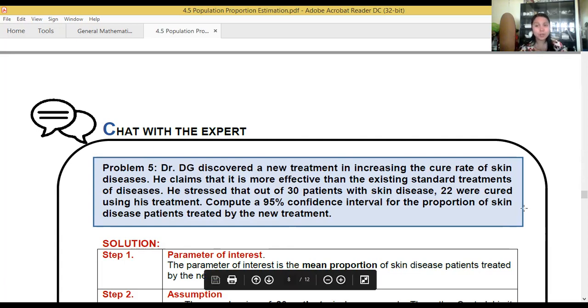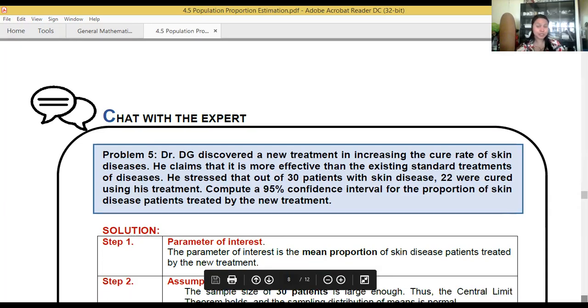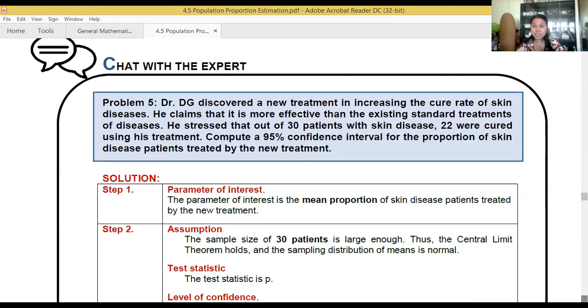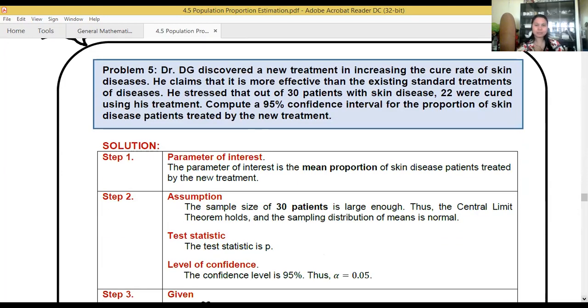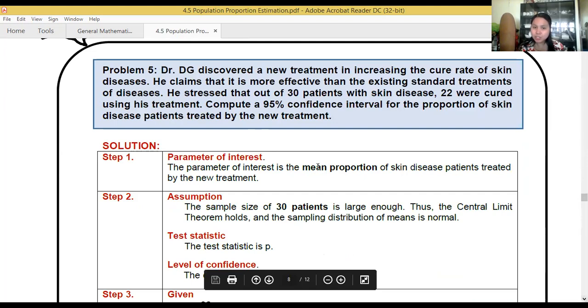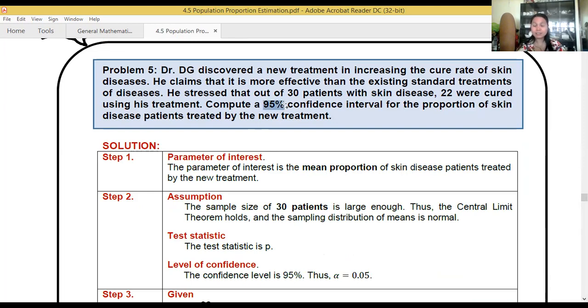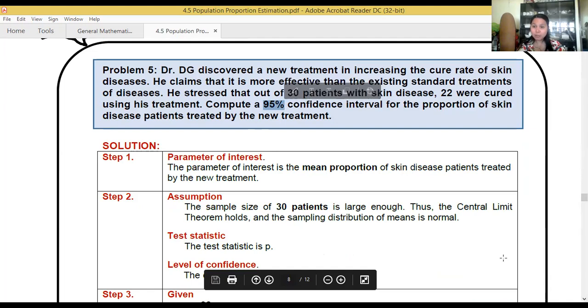So what's the topic all about? It's about the mean proportion of skin disease patients who were cured with the new treatment. How many patients were there? 30. So the sample size of 30 is large enough. It's a mean proportion, so our test statistic is P. And our confidence level is 95%. So our alpha will be 0.05.